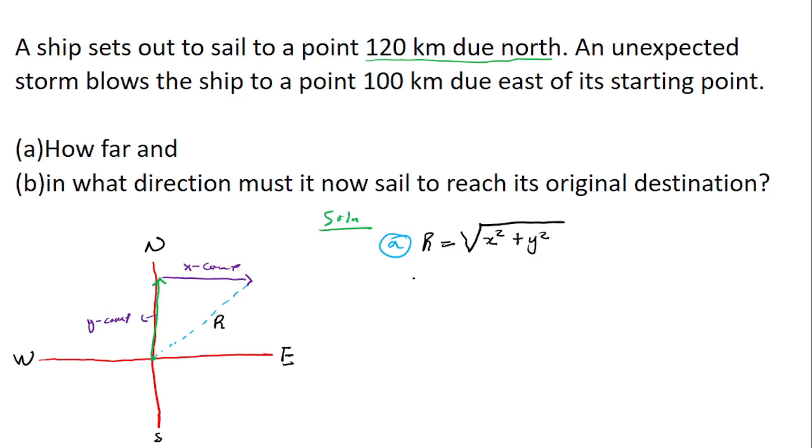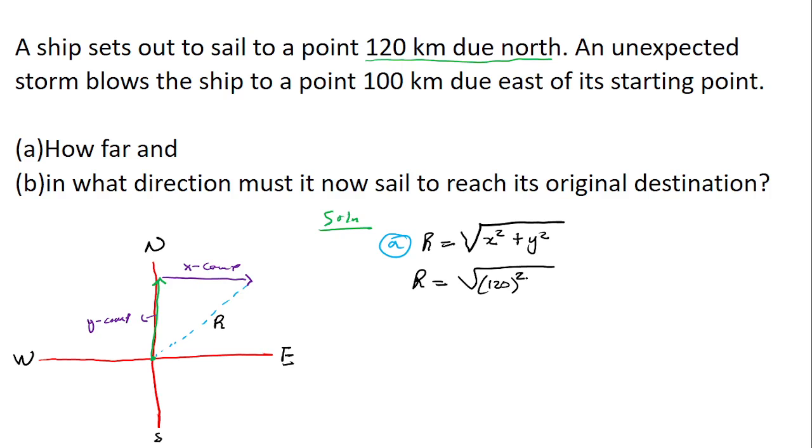So r is equal to the square root of, the y component is 120, and the x component is 100. Since addition is commutative, I can write it either way.